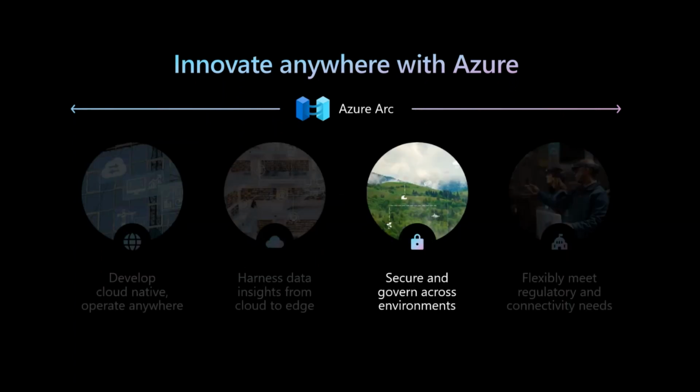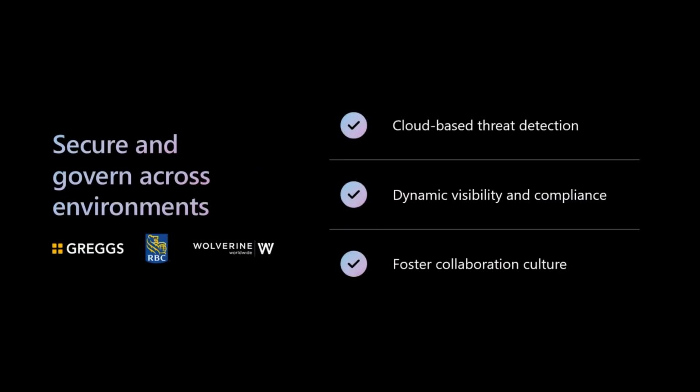So let's take a look at this third pillar, the security and governance that you get. I know I don't need to emphasize this, but at Microsoft, security is at the heart of everything we do, and we invest heavily in security in order to ensure that our software and services are secure, and that includes the overall Azure capabilities.